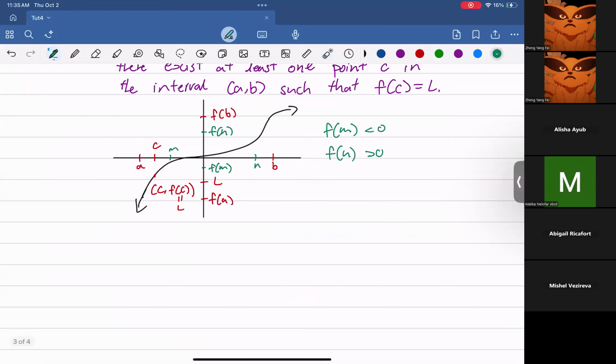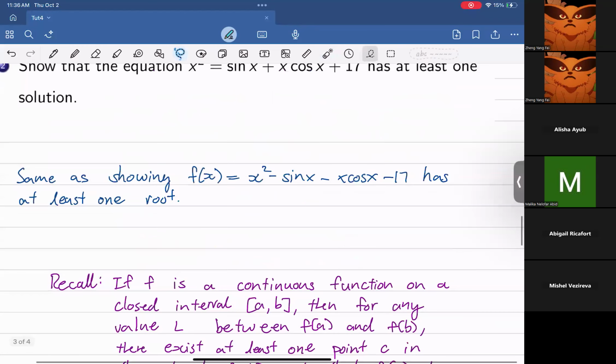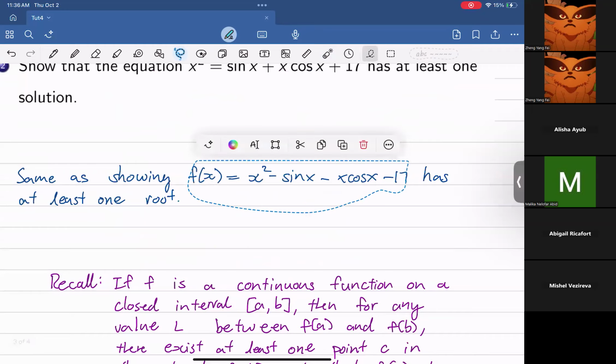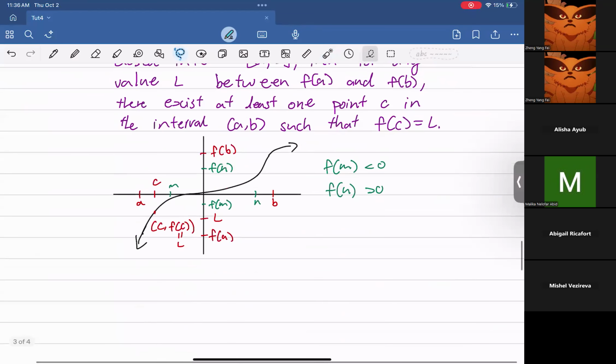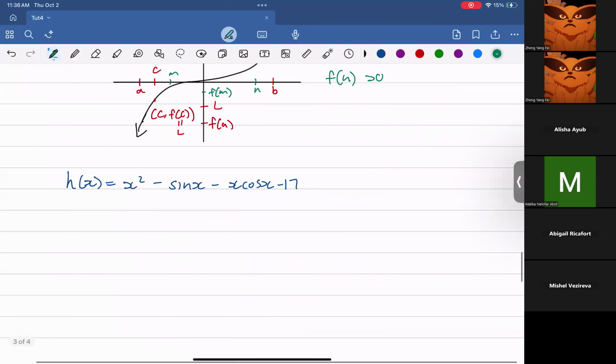Okay, so what I'm going to do now is start to test some numbers to find my M and N. I'm going to bring this down and see. So 0 is always a good number to try out first.